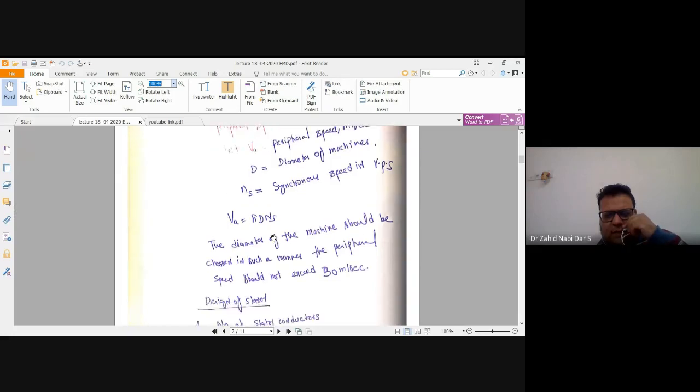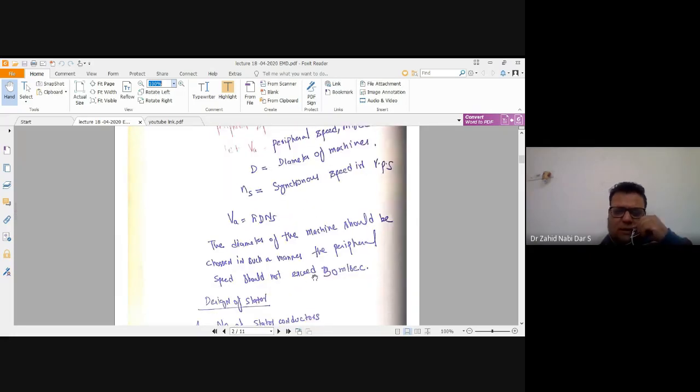The diameter of the machine should be chosen in such a manner, because we cannot exceed certain velocities, because the material has some strength to bear. If we go beyond certain velocities, your material or your machine will break down. So that's the reason the diameter of the machine should be chosen such that the peripheral speed should not exceed 30 meter per second.